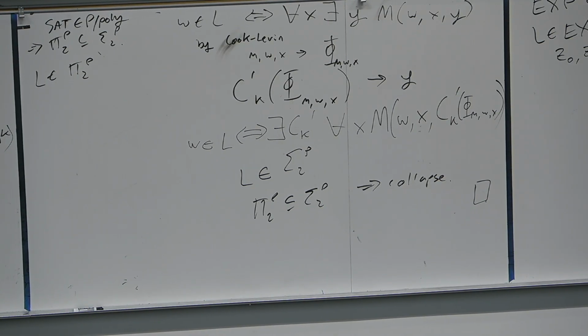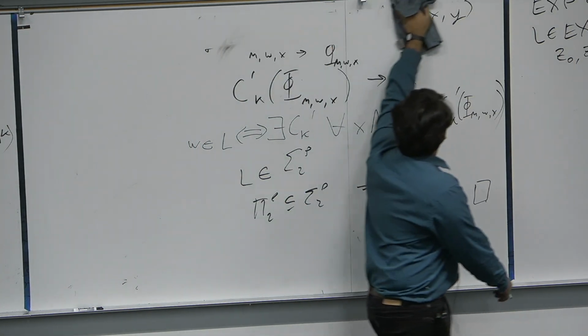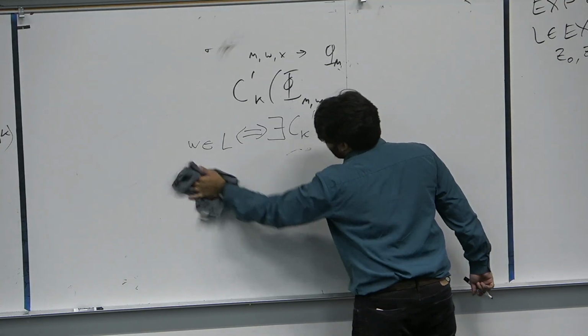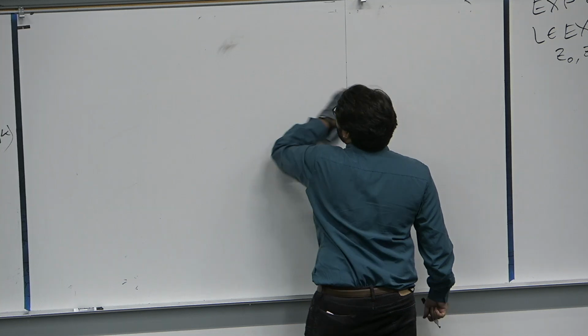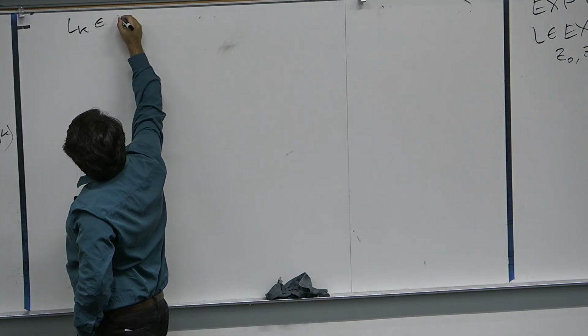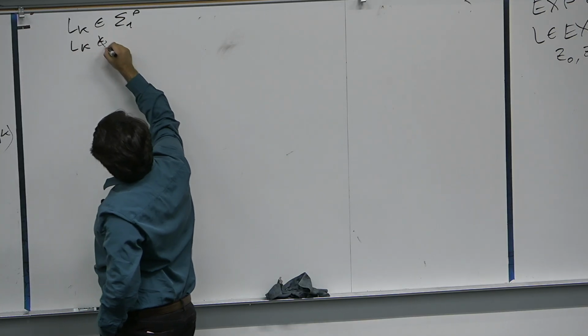Now, how can we improve this to sigma 2? How can we prove some language in sigma 2 does not have size n to the k circuits? Recall that we just proved that LK is in sigma 4p and LK is not in size n to the k.